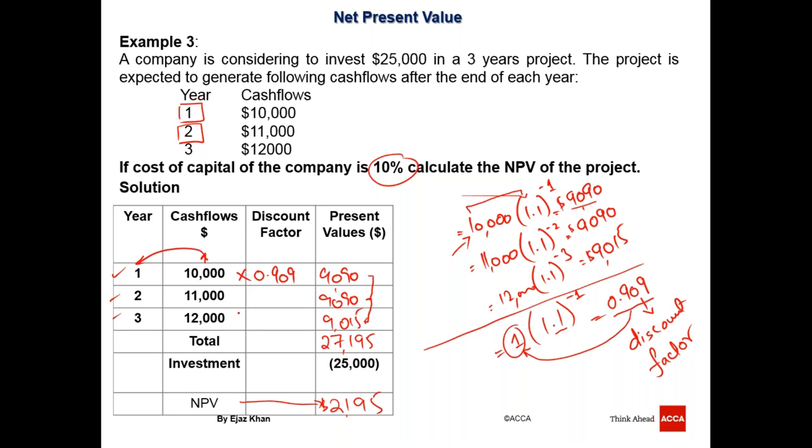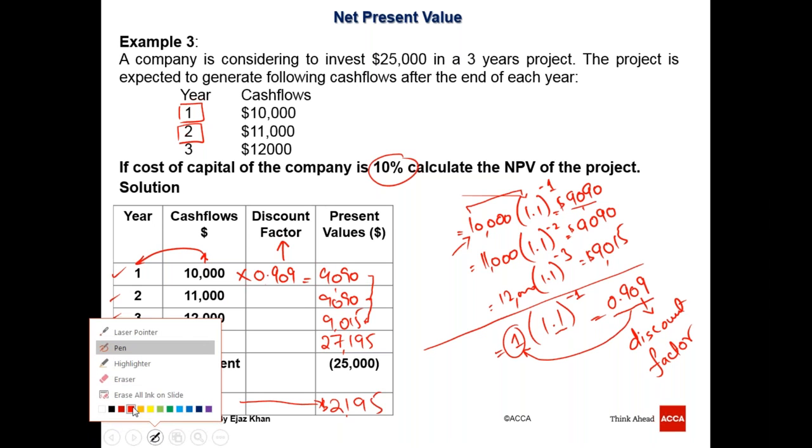So if we multiply 10,000 by 0.909, which is the discount factor, we will get the present value 9090. So for year one, this is what the present value of $1 will be.